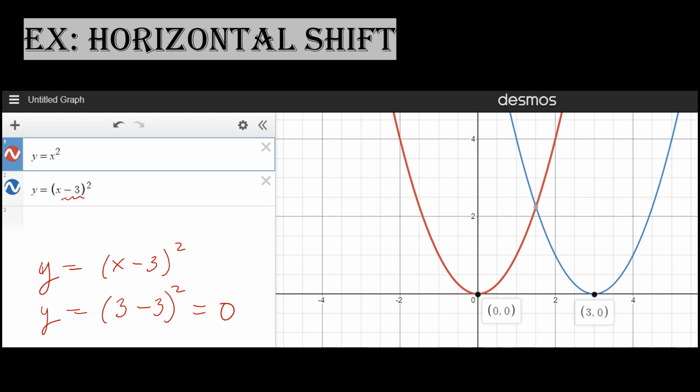The way that I think about it is that if we're subtracting a number inside the parentheses, then we need to have a higher input to counterbalance that. In any case, let me summarize horizontal shifts.